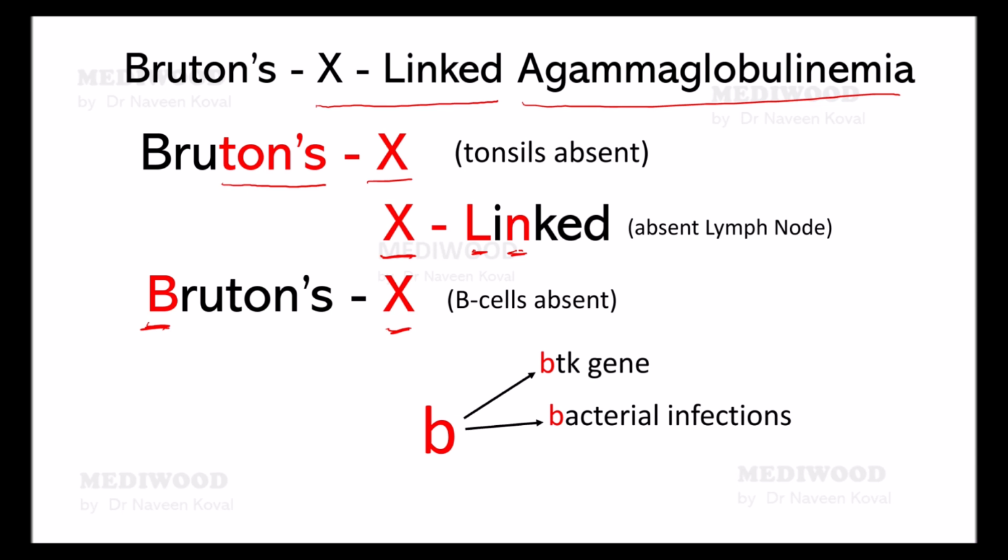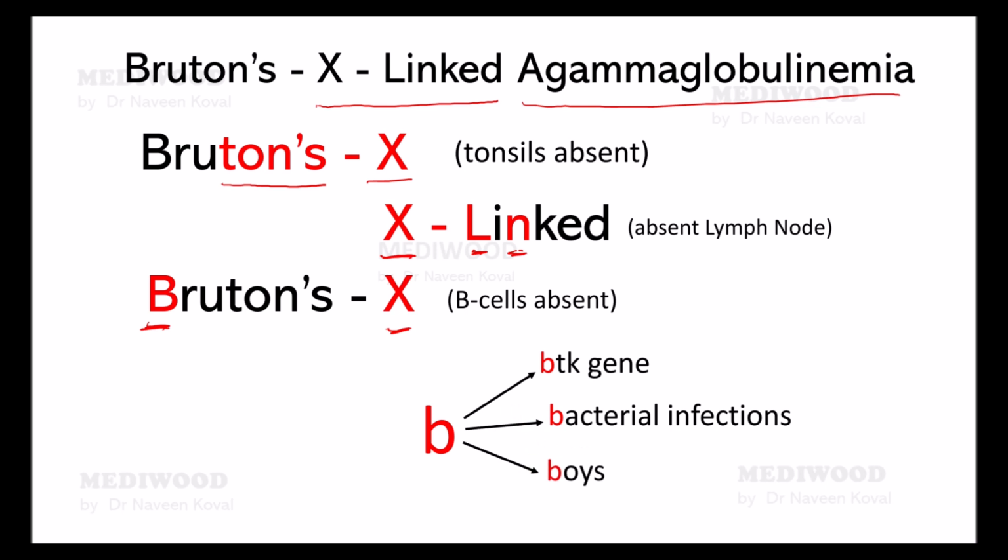So if a child comes to you with a history of recurrent bacterial infections, and you find that during the inspection you are unable to see the lymph nodes, and also the tonsils are absent, you have to think of Bruton's X-linked agammaglobulinemia. Another thing you have to remember with the word B is that they are predominantly seen in boys.